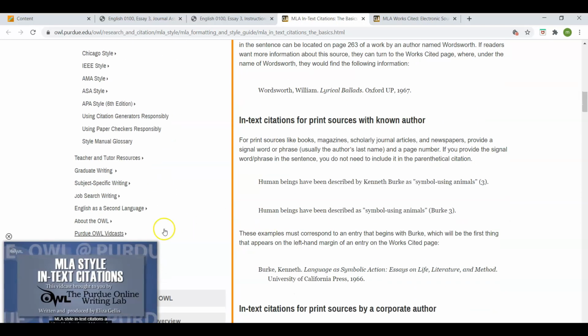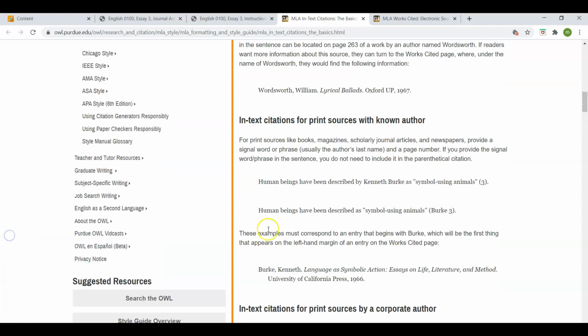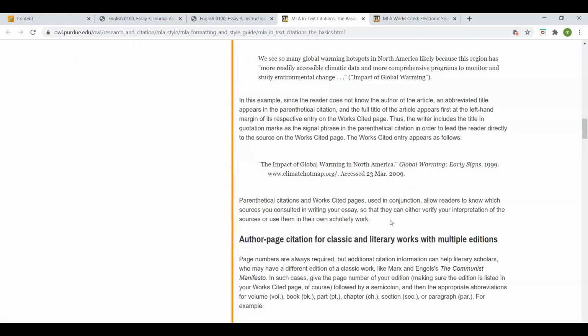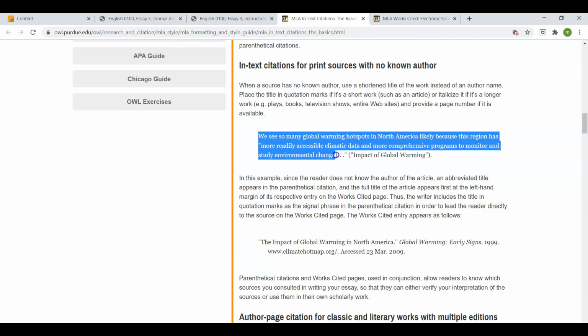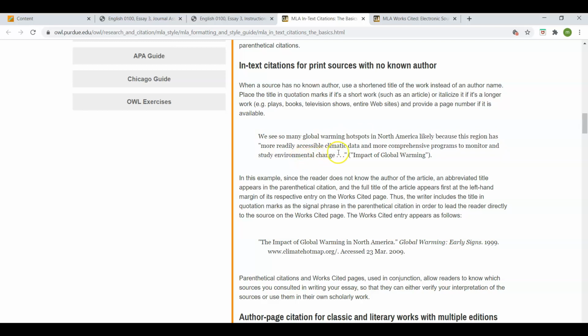So let me see. If you'll notice, this right here is a quote, right? So imagine that this is part of someone's essay, of a student who wrote a paragraph and included this sentence in the paragraph.